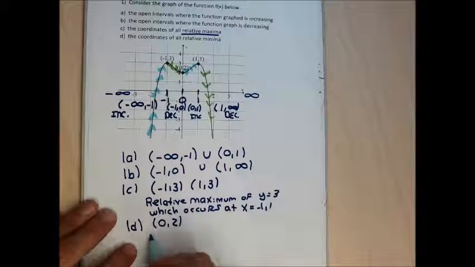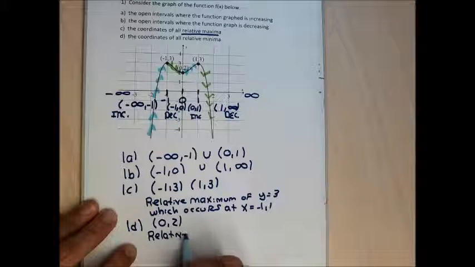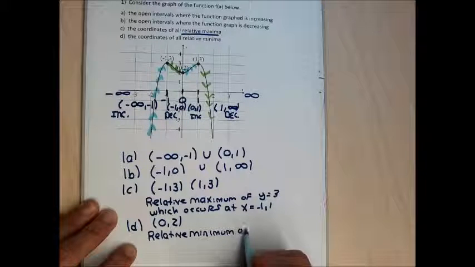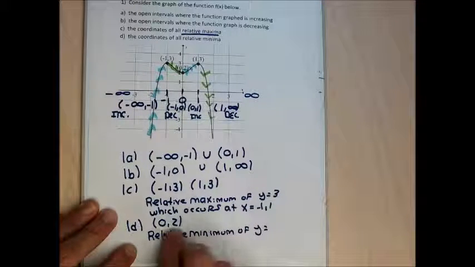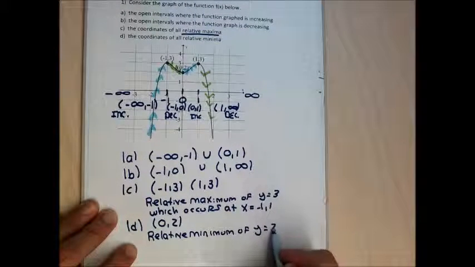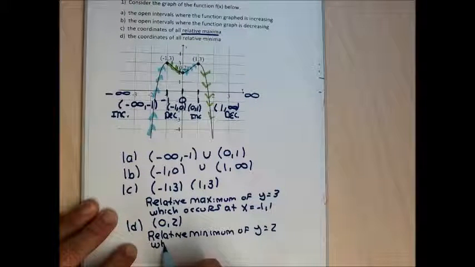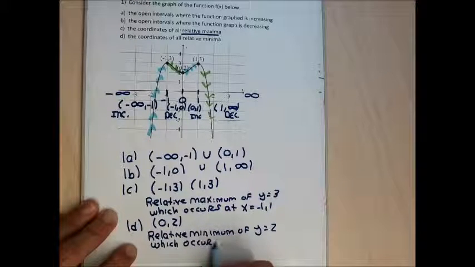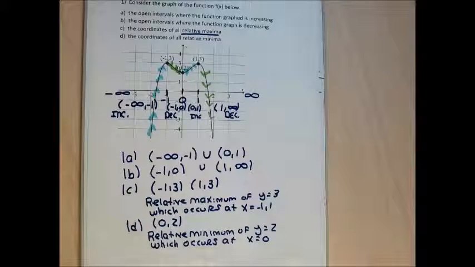If you wanted to do something better, you can say there's a relative minimum of y equal to the y-coordinate of that point, 2, which occurs at the x-coordinate of that point, which is 0. And that's all there is to do for problem 1. No algebra, no calculus, just knowing what the concepts mean.